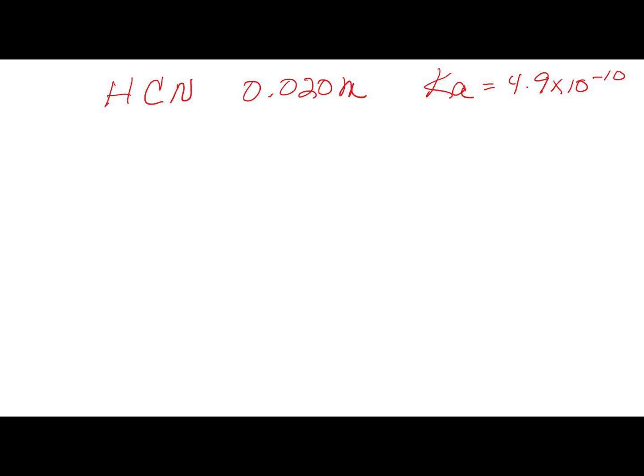One thing, kind of a brief introduction with this Ka: this is what's called the acid equilibrium expression. Hydrocyanic acid is going to partially dissociate, and that's why we have this double arrow, into hydrogen ions and CN minus ions. But all of this will not dissociate.